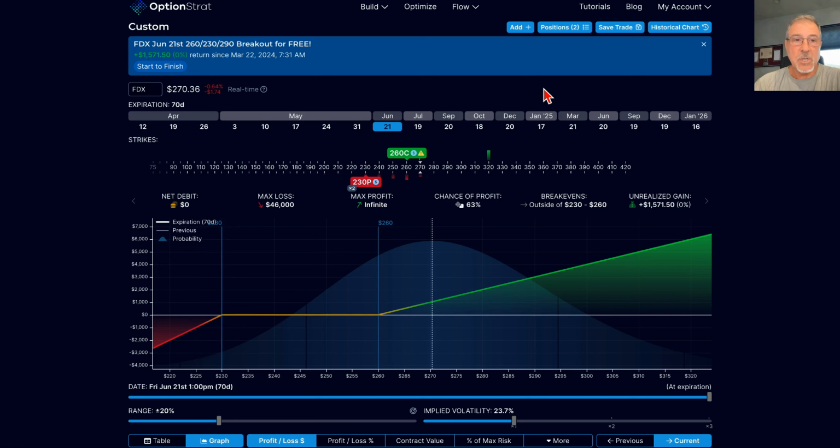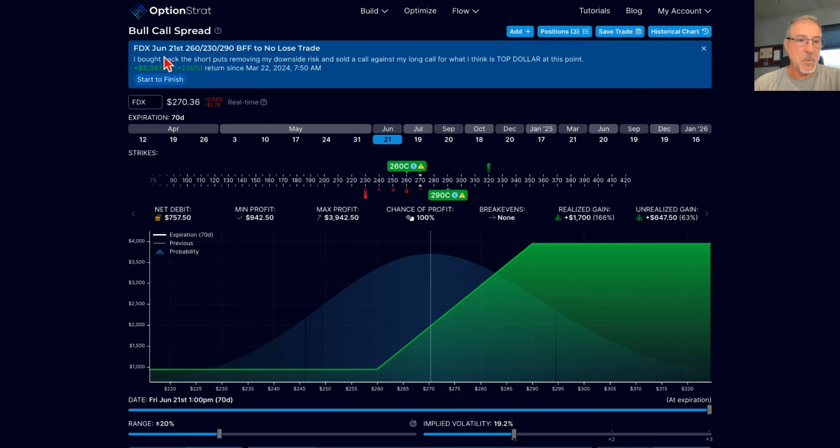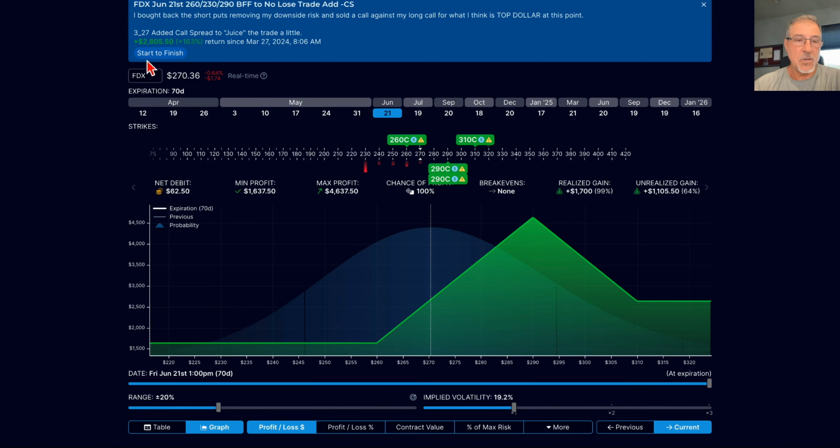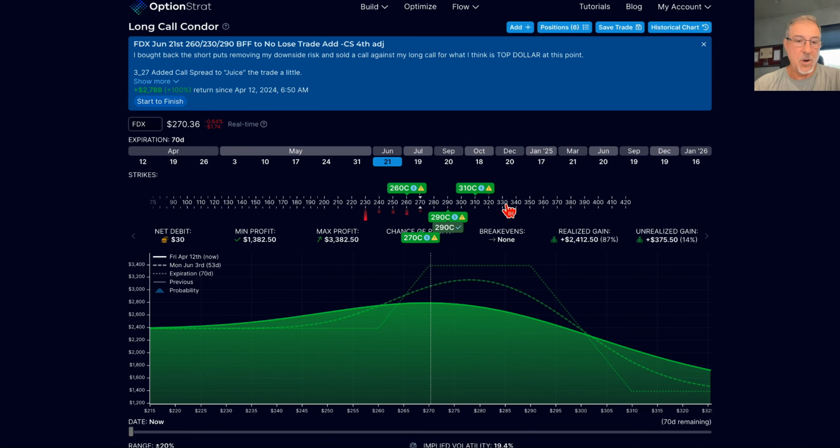But by making some adjustments when the market gave me the opportunity to do so, adjustment number one would have put me at $2,300 right now. Adding in that second adjustment puts me at $2,800 right now. Adding in this third adjustment gives me a pretty good shot at ending this trade with about $3,300 or so in profit. And I've totally eliminated all risk of loss as I went along.